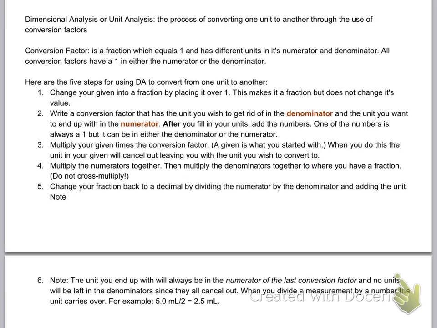It says in step 4, do not cross multiply. These are not solved that way. And then you can change it to a fraction or to a decimal by dividing the very ends of it to get your answer.